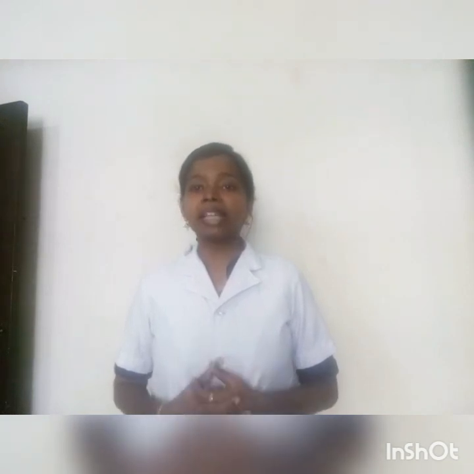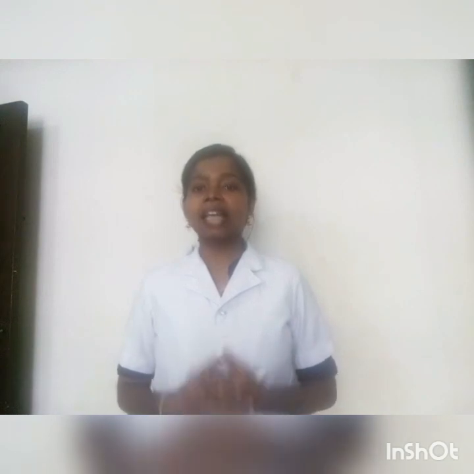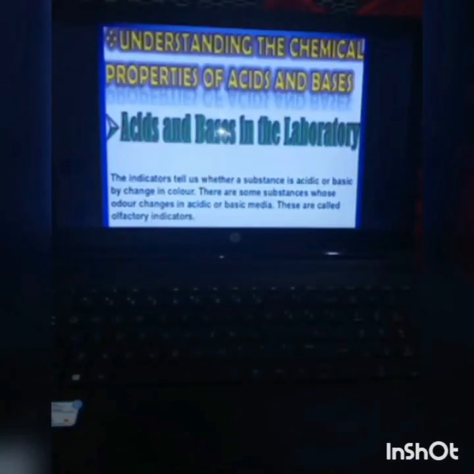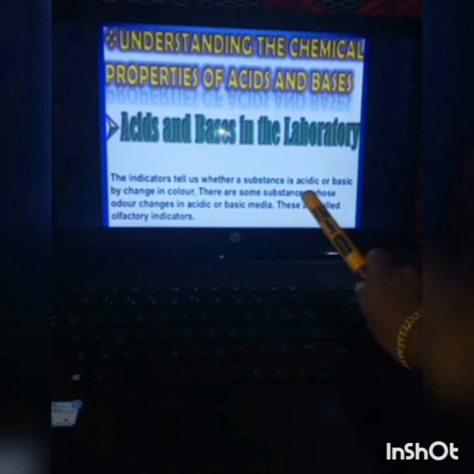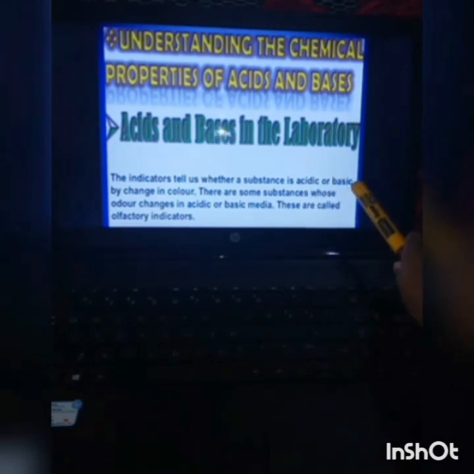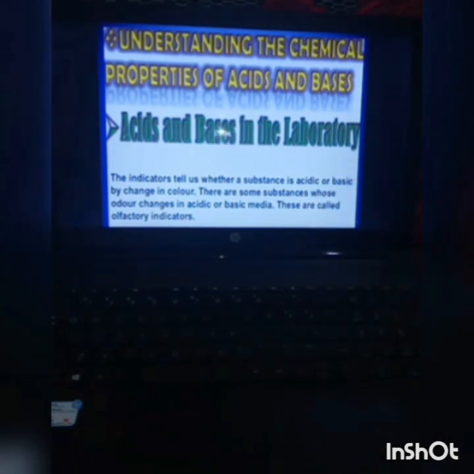How does the metal react with acid and base, and what is the product formed after the reaction? Understanding the chemical properties of acid and base. We already discussed the indicator test in the previous class. The indicator tells us whether the substance is acidic or basic by changing color.